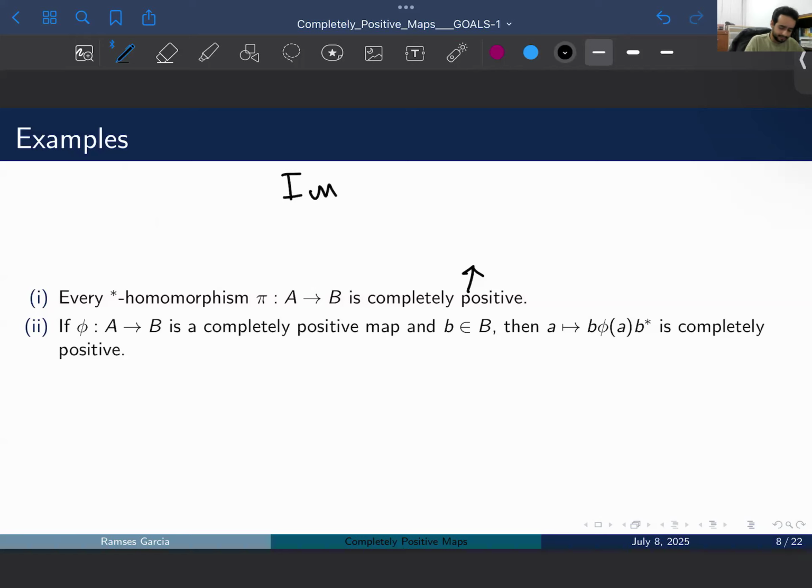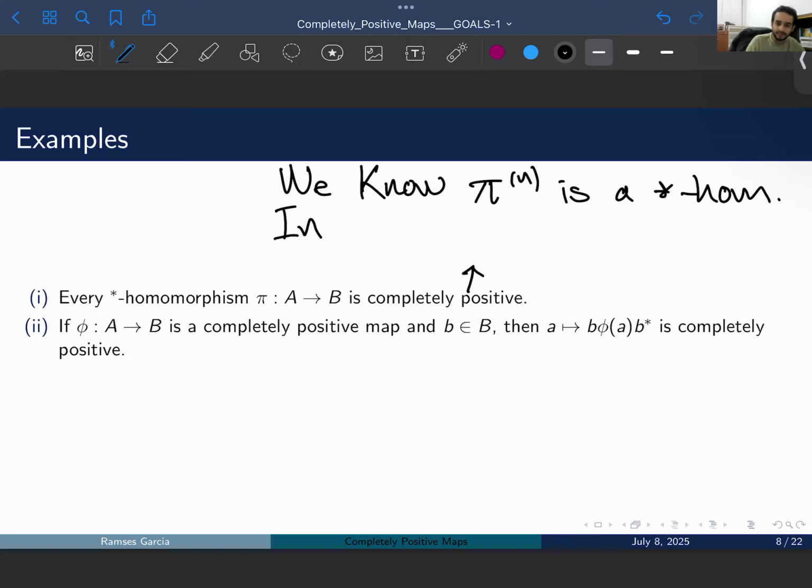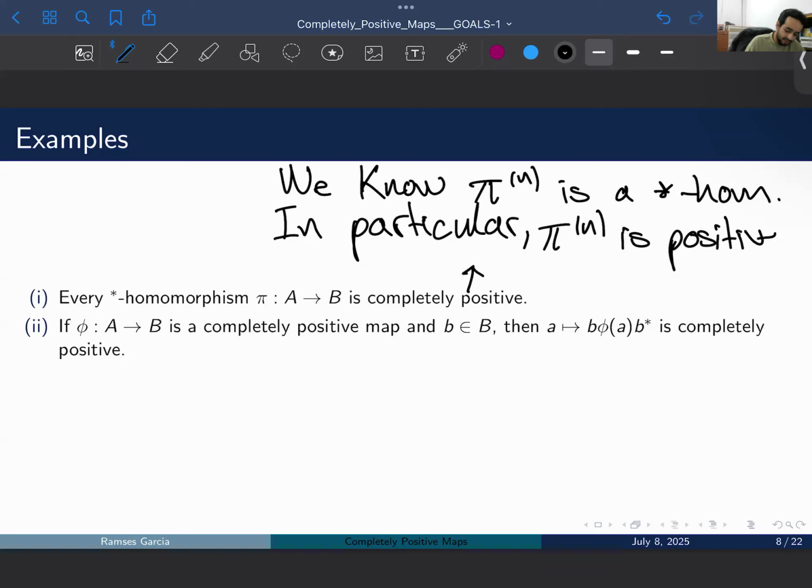We know that for every natural number, the amplification of P is a star homomorphism, and in particular, every star homomorphism is positive. And by definition, since every amplification is positive, we conclude that P is completely positive.